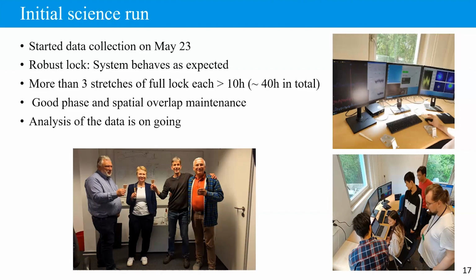We can stabilize the system as I described before, and it behaves as expected. We got several stretches of data with the system being fully locked, and each stretch has more than 10 hours of data. So we have in total about 40 hours of data that we need to analyze.